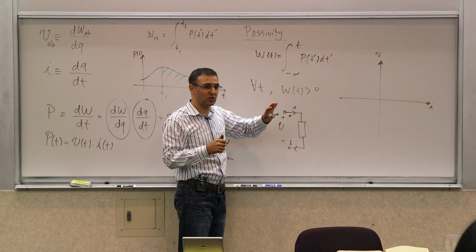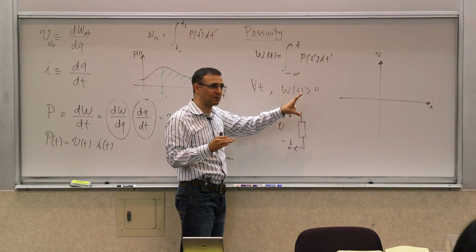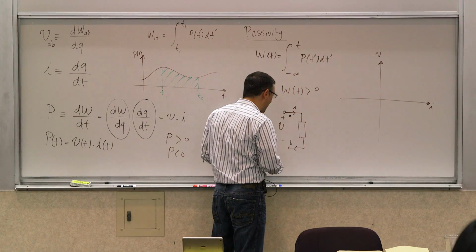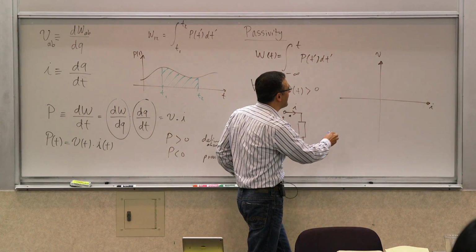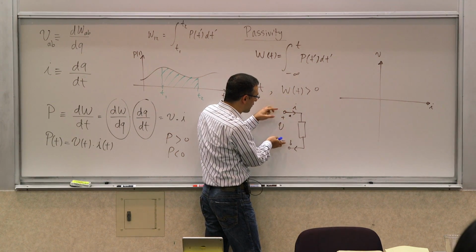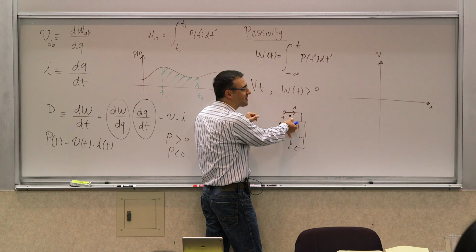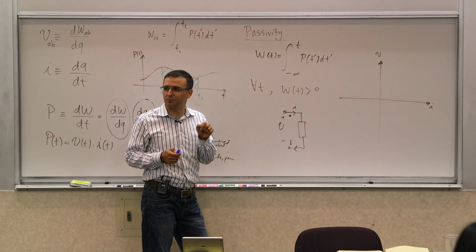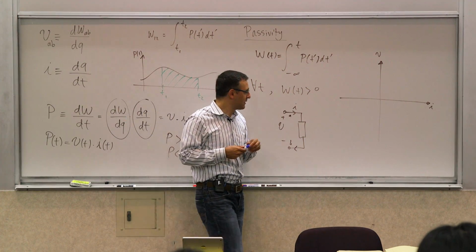This is a special case, by the way; it's not as general a case as it can be. But if you have something that's passive, it means that this current and this voltage need to have the same polarity, because the product has to be positive. If you want P to be positive, the product has to be positive.